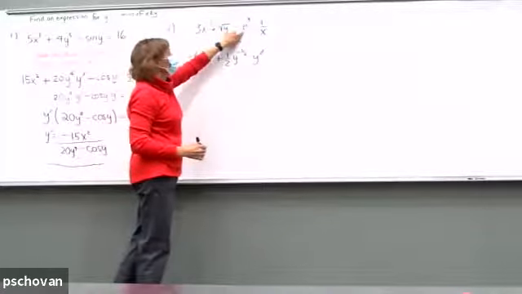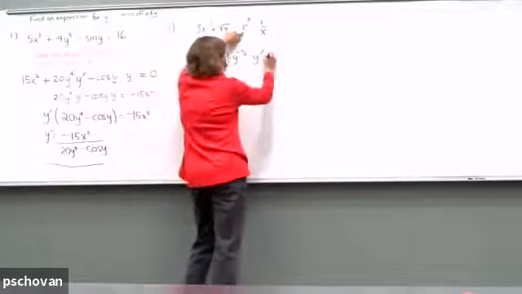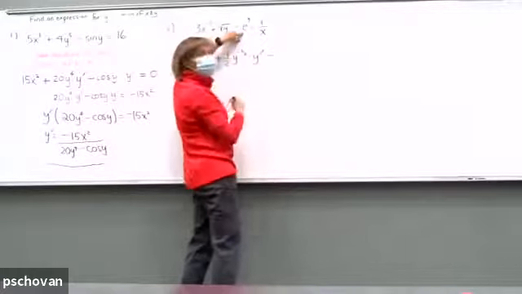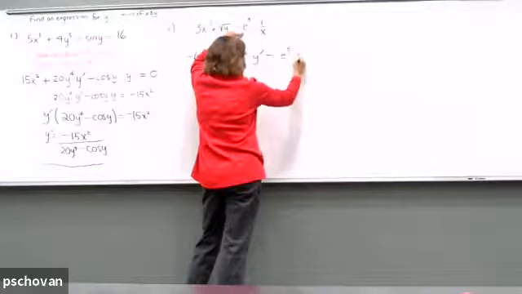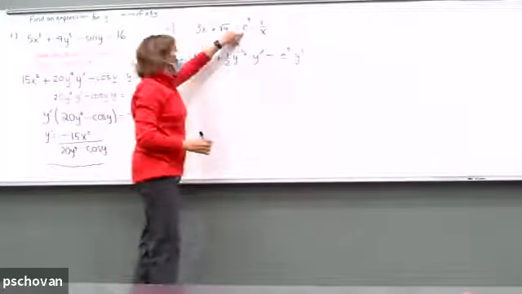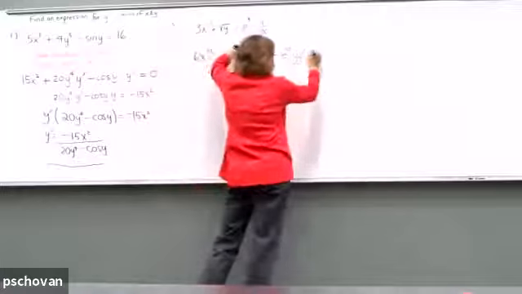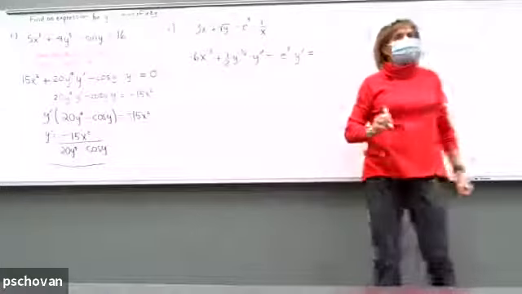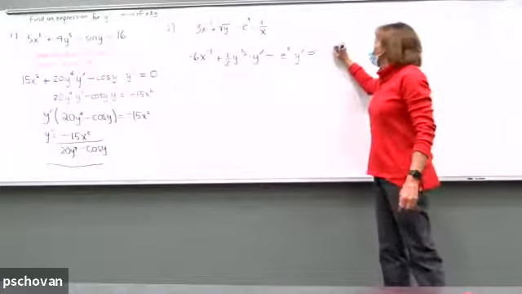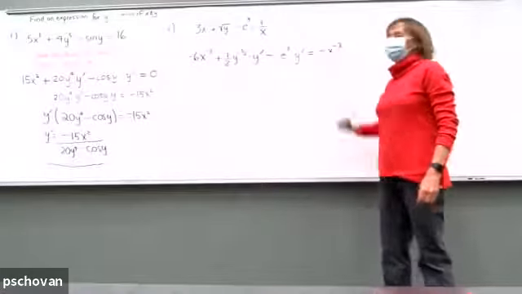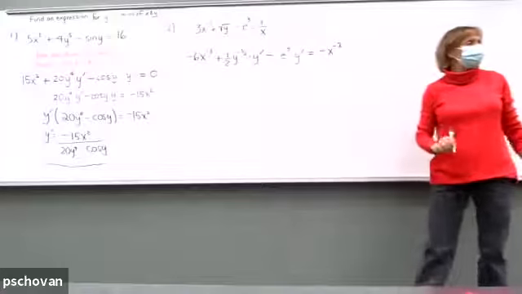What you get is the derivative of the e to the y times y prime. And then the derivative of 1 over x. 1 over x is the same as x to the negative 1.